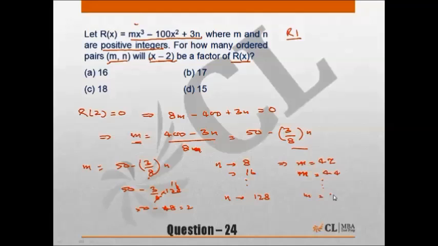So m is equal to 2. So the number of possible values of n are from 8 into 1 up to 8 into 16, so there will be a total of 16 possible cases. Correct answer is choice A.